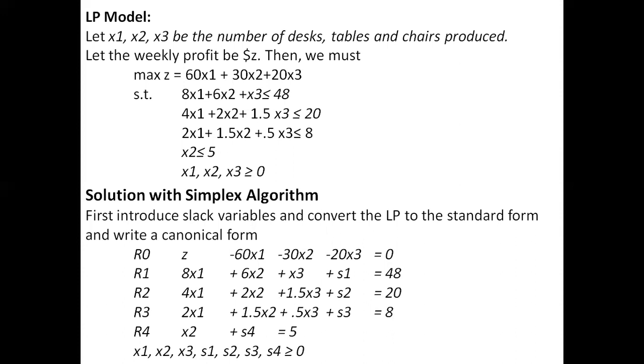Next row 3: 2x1 plus 1.5x2 plus 0.5x3 plus slack variable s3 is equal to 8, and we have the constraint that the weekly production of tables is 5 in demand. So row 4: x2 plus slack variable s4 is equal to 5, and the slack variables considered are definitely greater than or equal to 0 because they are non-negative.